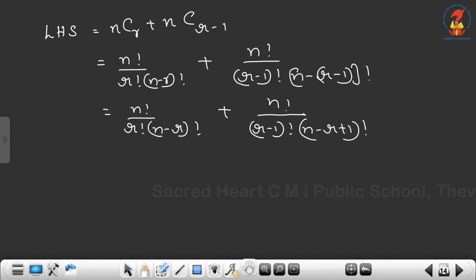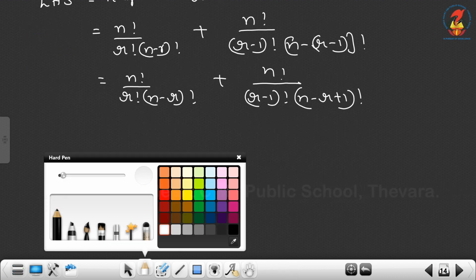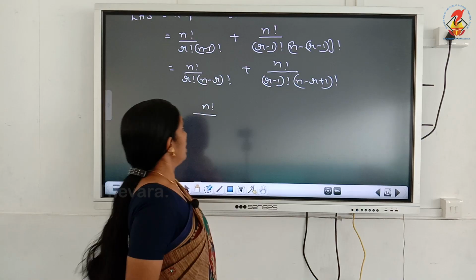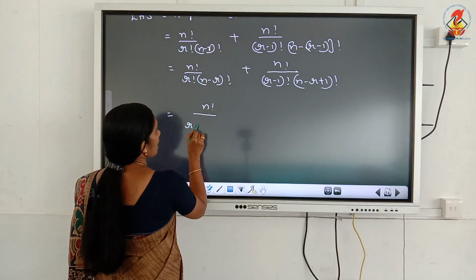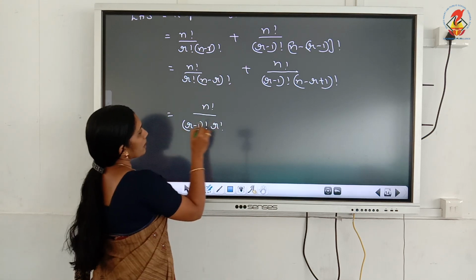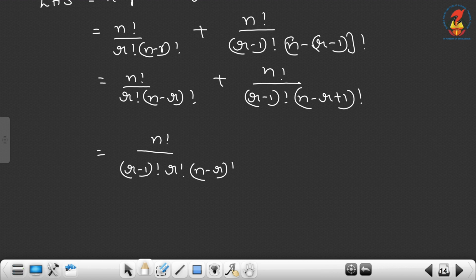Now we can take common terms outside. So before that, n factorial is common in the denominator. Here r is more than r minus 1, so r factorial we can write as r minus 1 factorial into r. Then (n minus r) factorial plus n factorial. n minus r plus 1 is the next term of n minus r, isn't it?